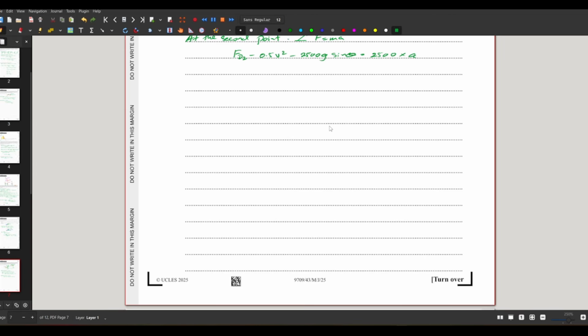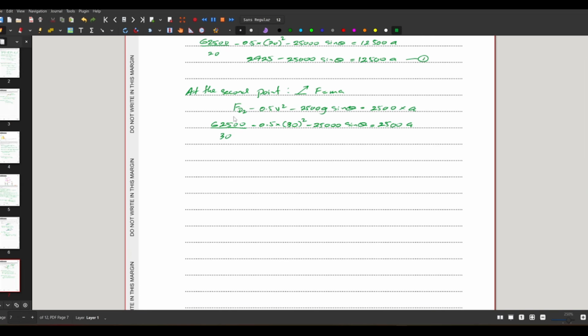So now you can write here 62,500 divided by, now in the second position the velocity is 30, minus here 0.5 times 30 square, minus here I can write 25,000 sine theta, and here 2,500.